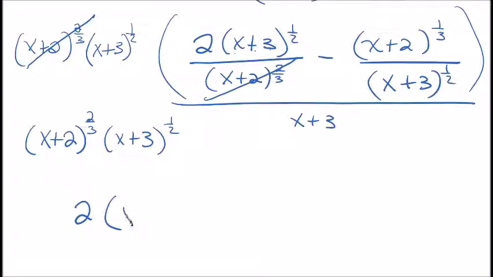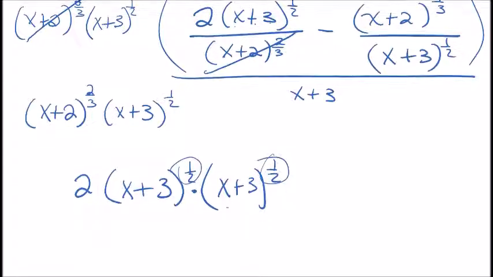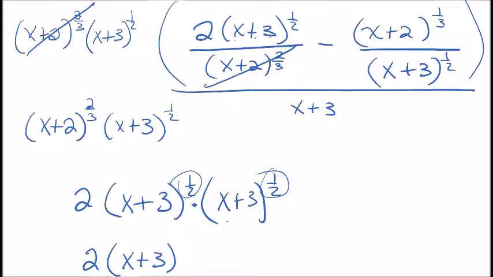I'll write it out so you can see. When you multiply things that have common bases, you actually add the exponents. So 1/2 plus 1/2 becomes 1. So this is the same thing as saying 2 times x plus 3 to the 1 power.